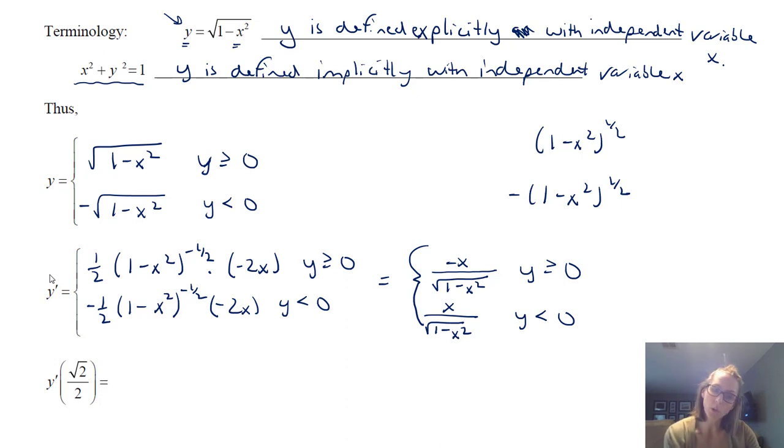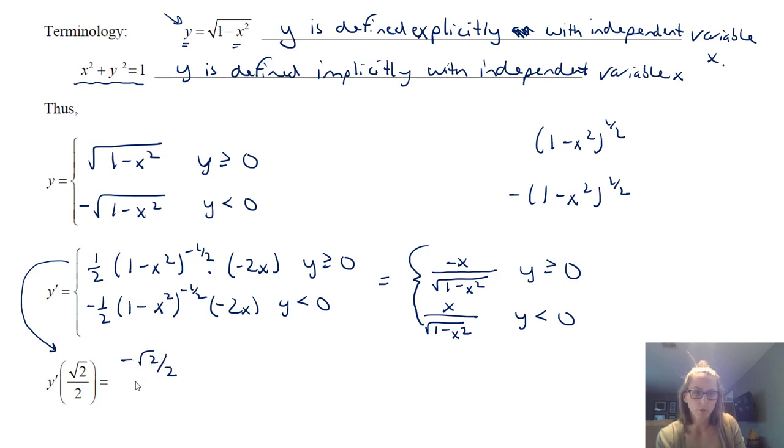So because it's in our first quadrant, we realize that that would be this top piece here, that we'd care about the derivative right here, because that's when y is greater than or equal to 0 at the point root 2 over 2, comma, root 2 over 2.